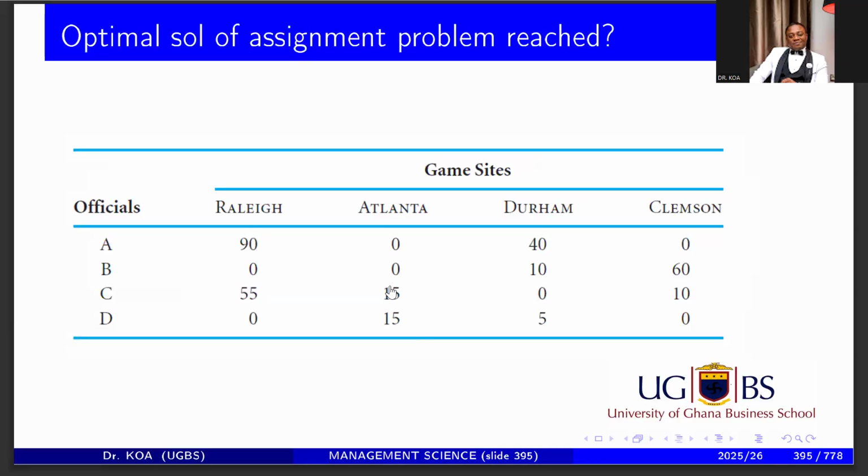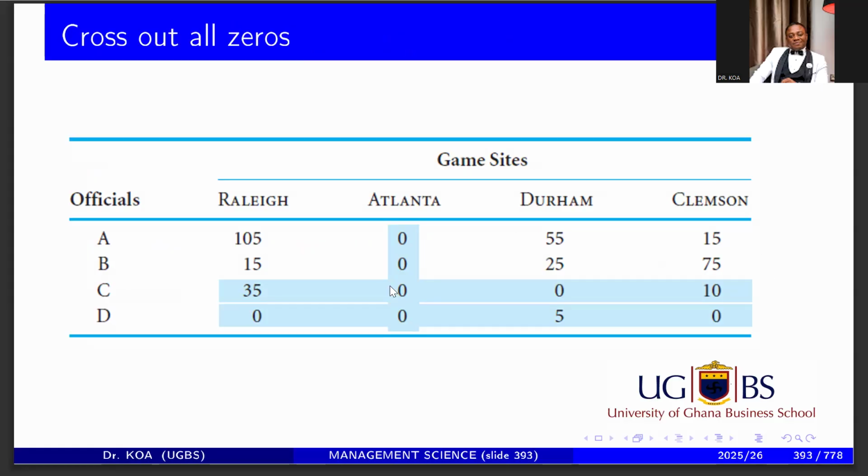Sorry, did I say add? Those that are positive here, you will subtract. But those that are zeros, you will add. But then you will subtract provided it is 15 or more. That's when you subtract. That is why we didn't want to do this, because otherwise you're going to get negatives. Okay, and non-negativity is not allowed. So here, 25, you will add 55.